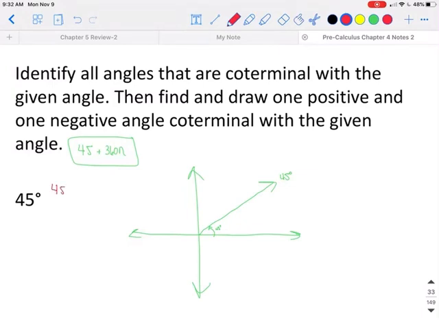To find a negative, we can do 45 plus 360 times negative 1, or just 45 minus 360. If we went clockwise instead of counterclockwise, the negative angle for this would be negative 315 degrees.